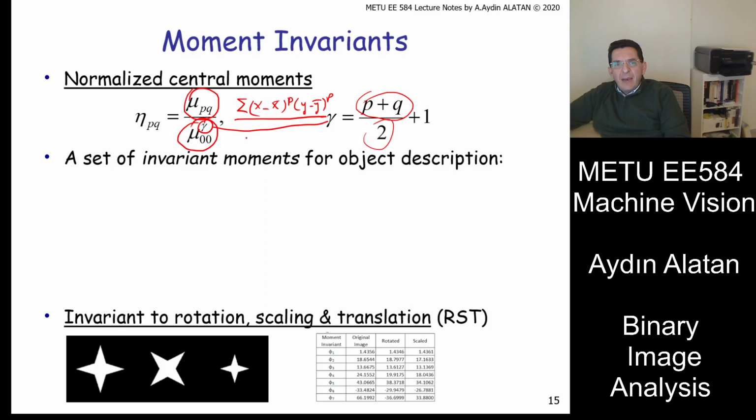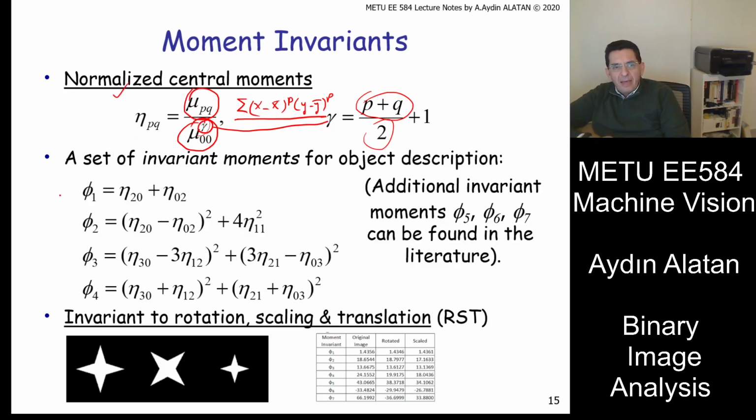What I'm doing is nothing but the same thing, but taking the power of gamma with this order, and this is called the normalized central moments. And it is shown, not trivial, in about a 35-page paper by the way, that these, and here I'm only showing four of them, with an additional three as well, are called rotation, scale, and translation invariant moments by Hu.